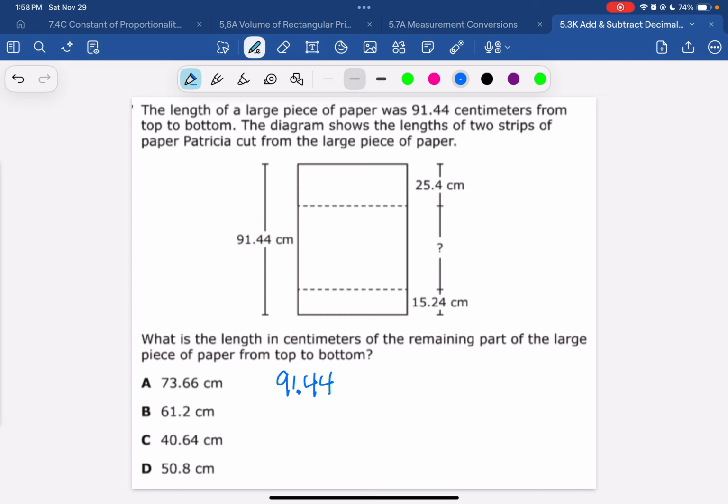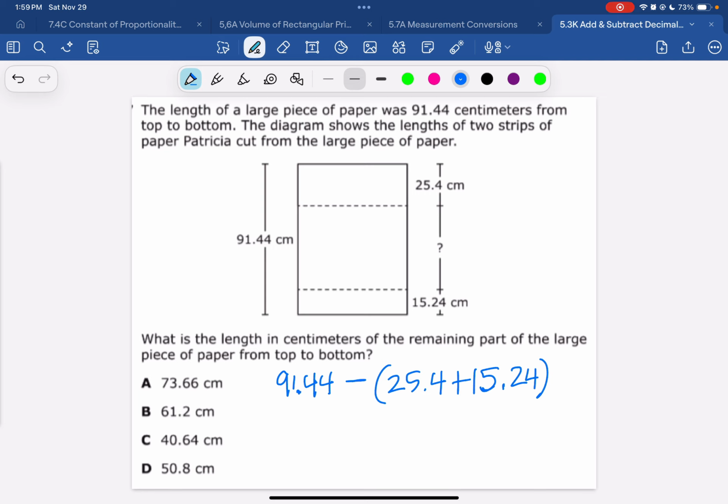You want to add those up. And when you add both of those up, you're going to subtract that from 91.44, and that's going to give you the answer to what you need.